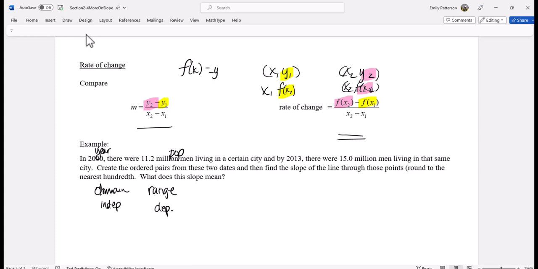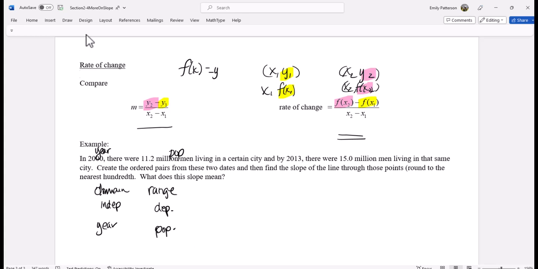Like if all of a sudden we change the population of men, if we have a sharp decline or a sharp increase, time is not going to change in that regard. And for most of the time, our year, our time is going to be our independent value, and our population is going to be our dependent value. So this is our men population.